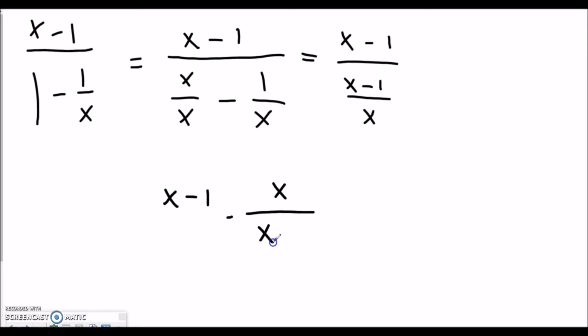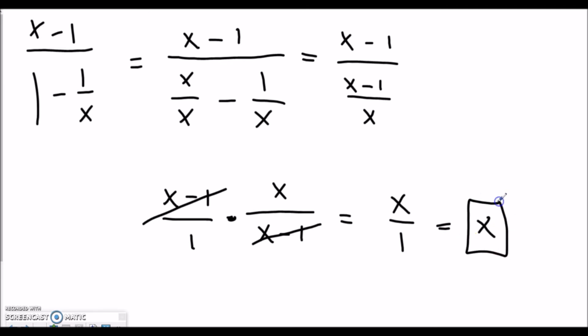So the bottom fraction flips. And we can put this over 1 if we need it. Oh, look, my x minus 1s, because it's the entire thing, are allowed to cancel. So I just get x over 1 or just x.